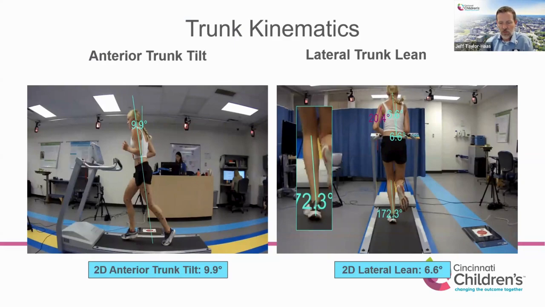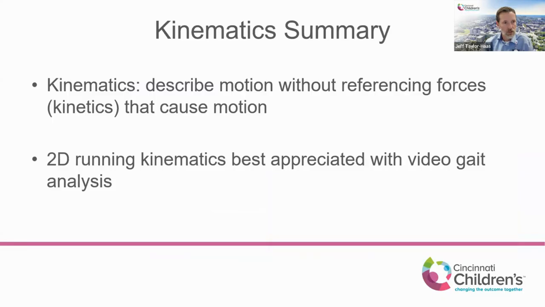And from the lateral or the posterior view, we can see a lateral trunk lean. And this is looking at the trunk position with respect to the vertical. And again, we can use this clinically during a gait analysis to infer injury risk, muscle activation, and also sometimes habit for runners who are returning from an injury.